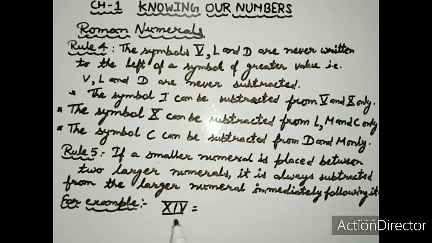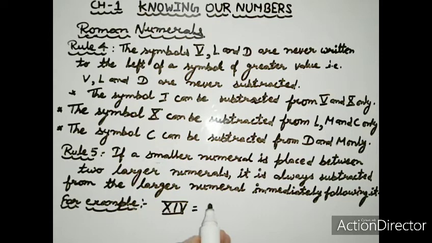Now here we write X, I and V. It means I is subtracted from V, because the rule says that if a smaller numeral is placed between two larger numerals, so these are two larger numerals and one smaller numeral I in between, this I is subtracted from the larger numeral 5.